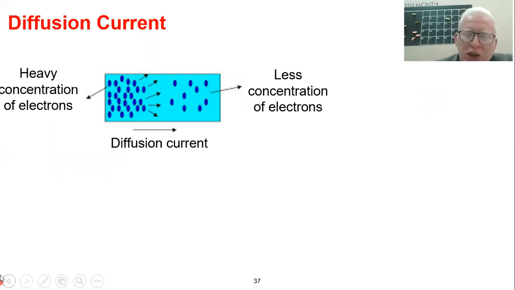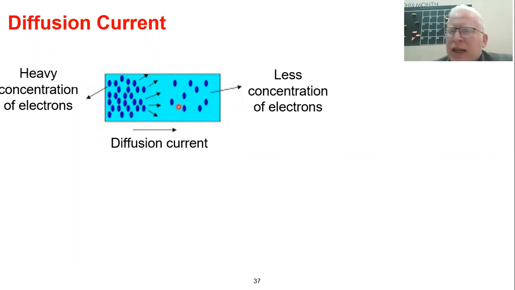I mean, you have a region where you have a huge amount of carriers, and you have another region where carriers are very low. These carriers may be, of course, electrons or holes. Then we will have what's called diffusion current. Diffusion current, my dear students, is simply the flow from the high concentration region to the low concentration region.